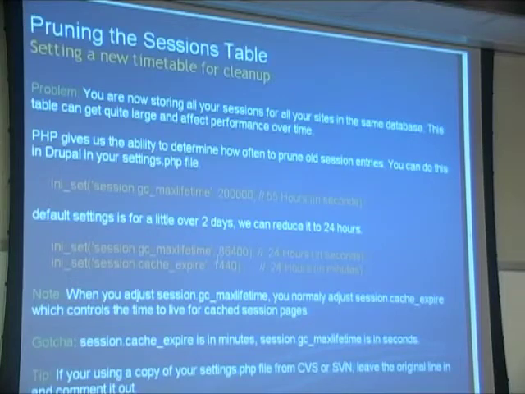In English, what that means is when you come back to your website tomorrow, you're still logged in. And that's great, but it can get quite problematic when you get very heavy, high volumes of traffic. So the one thing I would normally do is take it down from 2 days, and it's specified in seconds, take it down to about a day. And that way it reduces, every day when the cron job runs, it clears those sessions out.